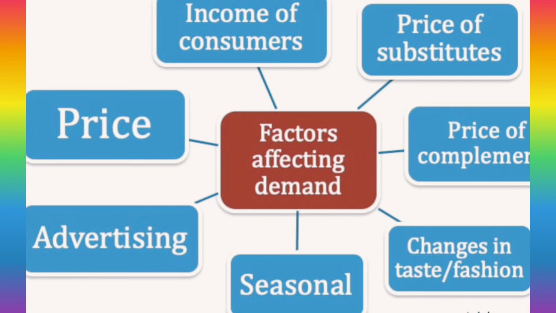They are taste and preference. The amount demanded of a commodity also depends on consumer taste and preferences. When we begin to like certain commodities, their demand will increase, and the reverse will happen if we start disliking them.